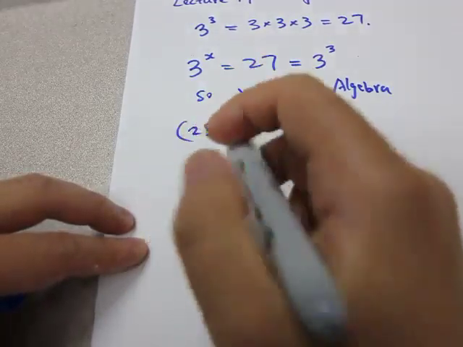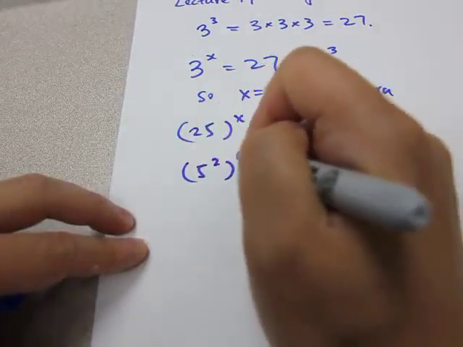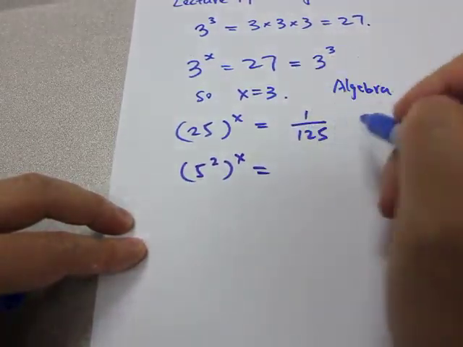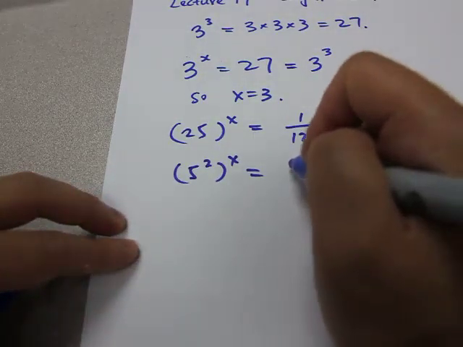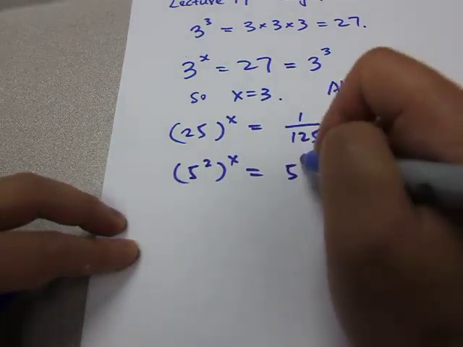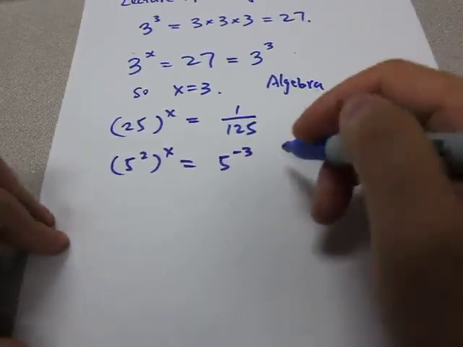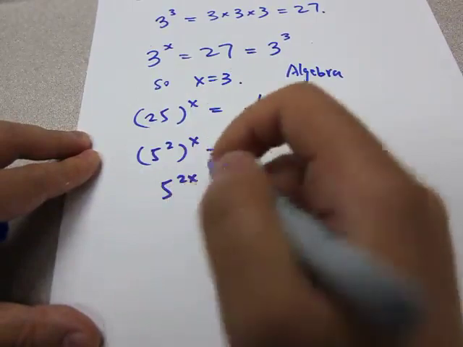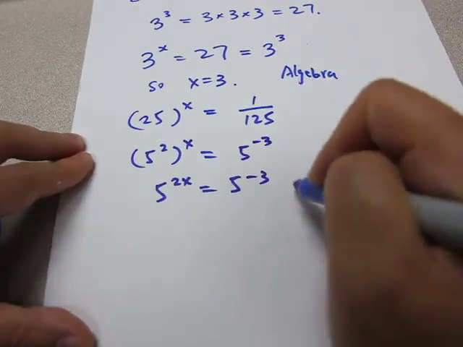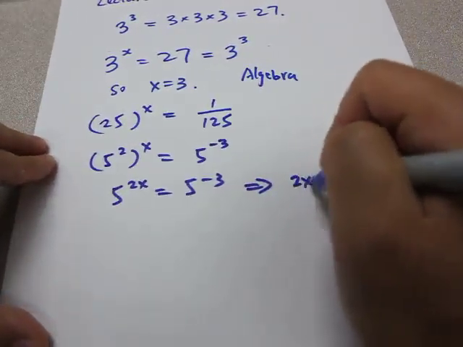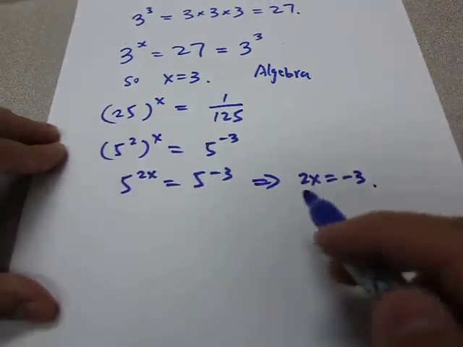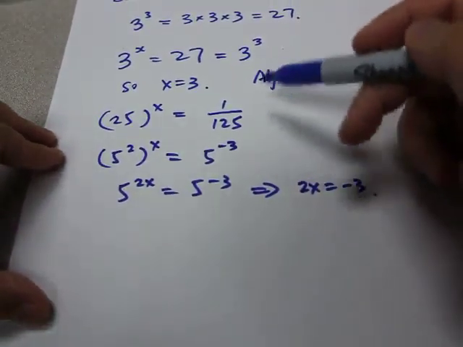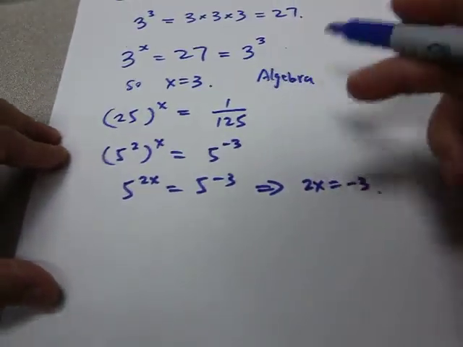First, 25 we need to write as 5 squared, and 1 over 125 we need to write as 5 to the power of negative 3. And then, because 5 to the 2x equals 5 to the negative 3, we can solve for x. Now you see, here we did some algebra, right?